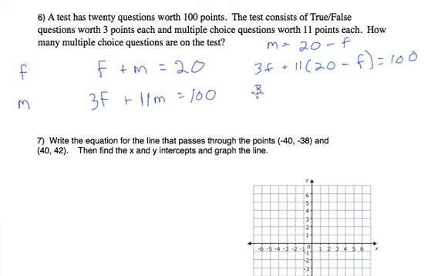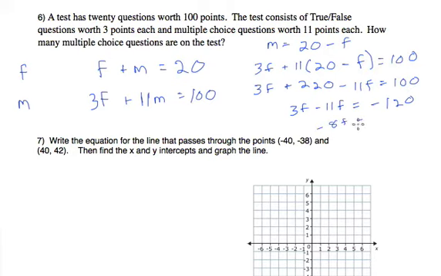And that gives us 3F plus 11 times 20 is 220 minus 11F equals 100. And I'm going to subtract 220 from both sides, so I'm left with 3F minus 11F equals, let's see, that's negative 120. And then 3F minus 11F is negative 8F.